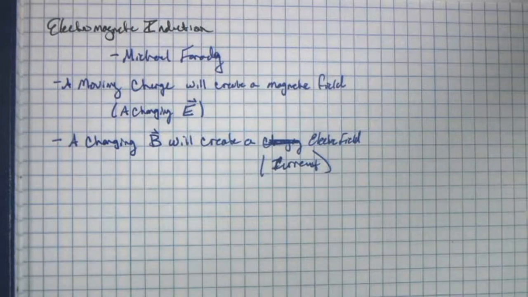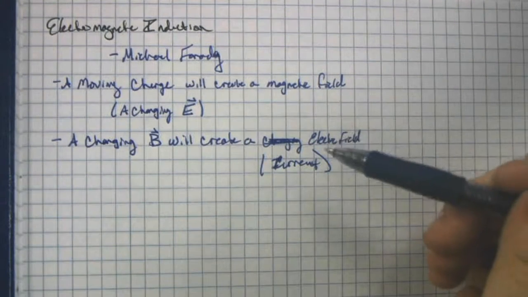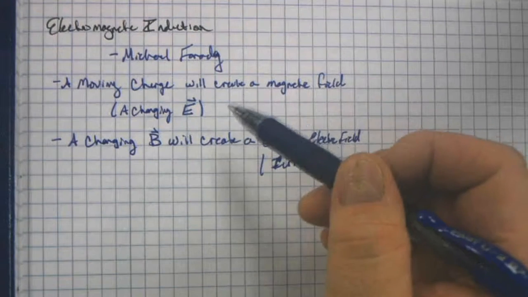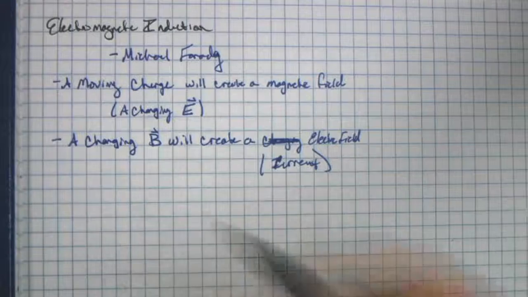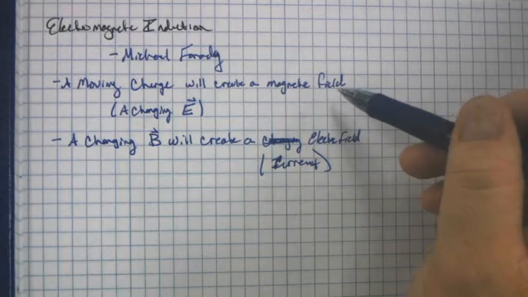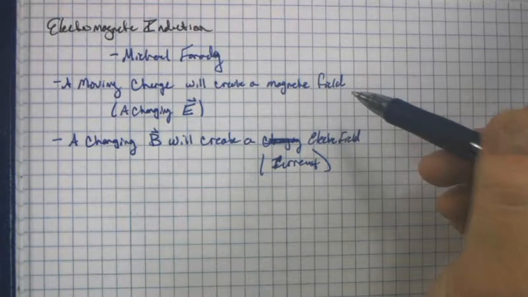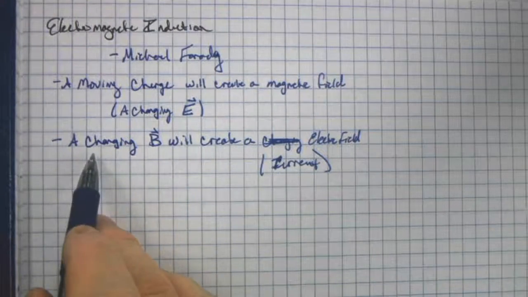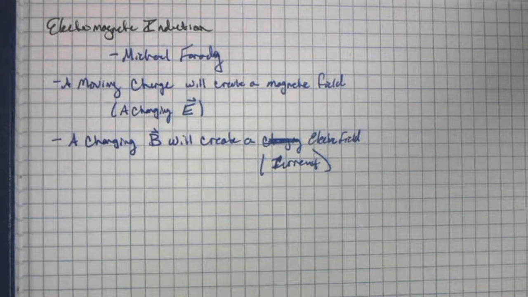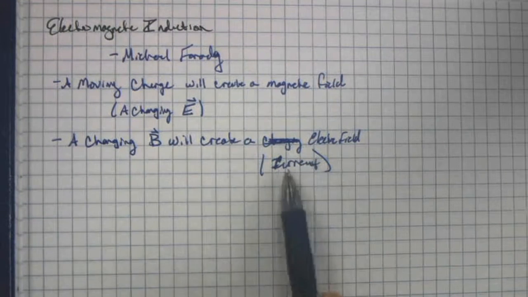So think about the uses of this. If we can change an electric field or move a bunch of charges around, we can create a magnetic field, so we can create a region that will behave with magnetic properties. Or if we move a magnet around, if we spin a magnet and change a magnetic field, it can actually create a current.